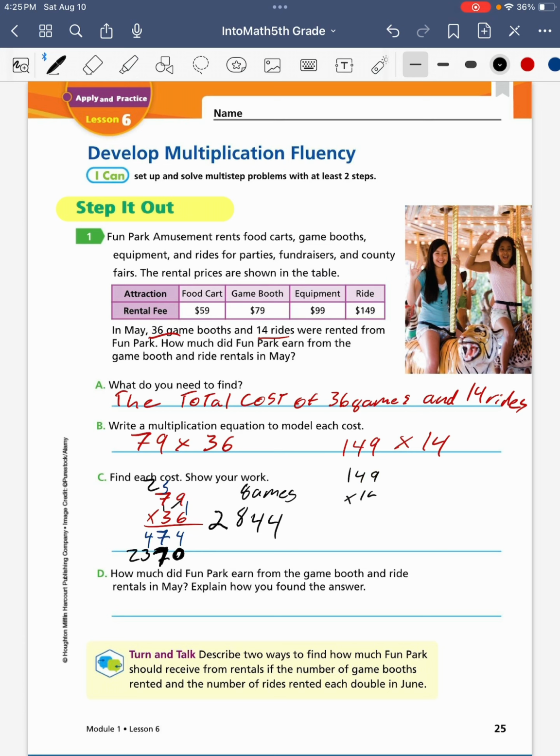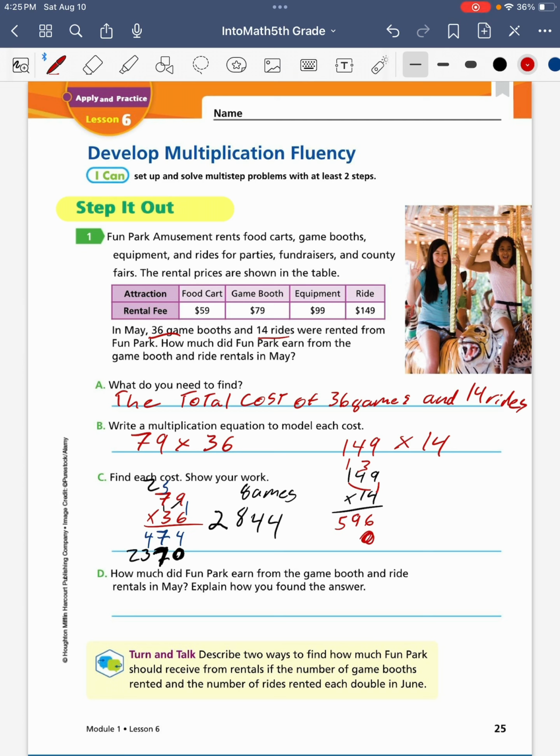Now, I'm going to multiply 149 times 14 to figure out the price of the rides. I start with my ones place. 4 times 9 gives me 36. Carry my 3 over there. 4 times 4 is 16, plus 3 is 19. Carry my 1 to my hundreds place. Finally, 4 times 1 is 4, plus 1 is 5.